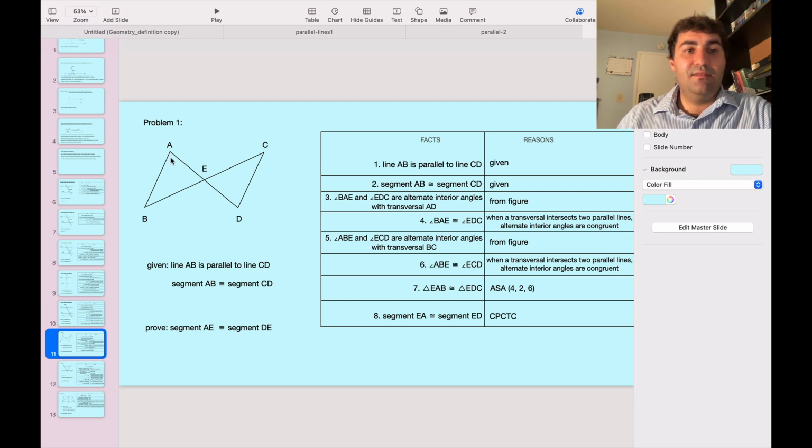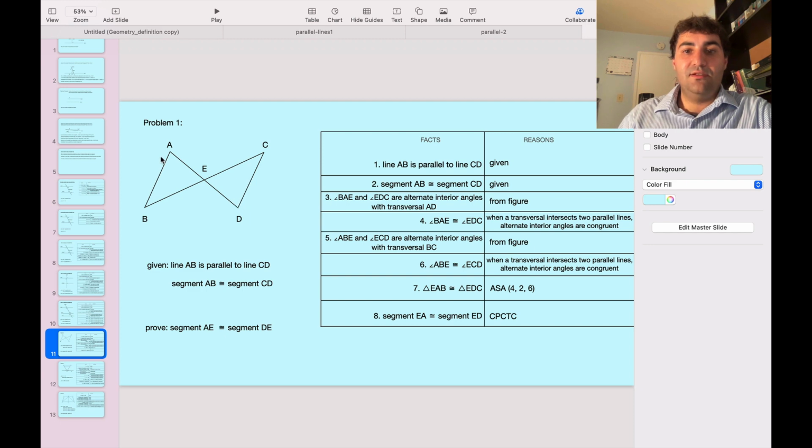So if we think of these as lines, then this region, where E is, and the inside of both of these triangles is going to be in the interior region formed by these two parallel lines. And if we take AD as a transversal, then angle BAE, this angle here, is going to be an alternate interior angle with angle D right here.